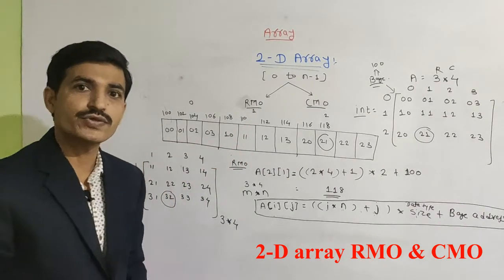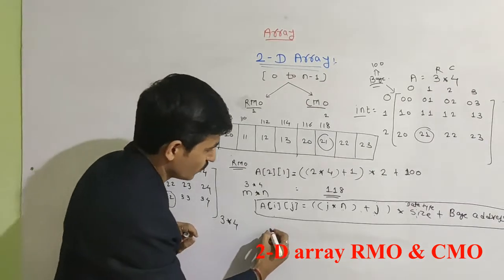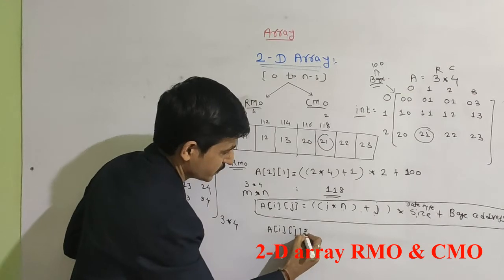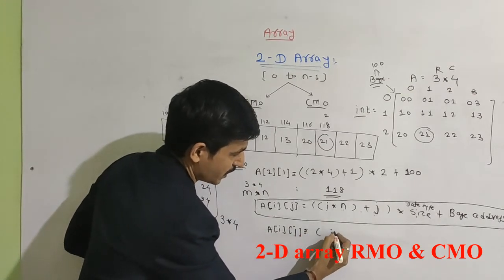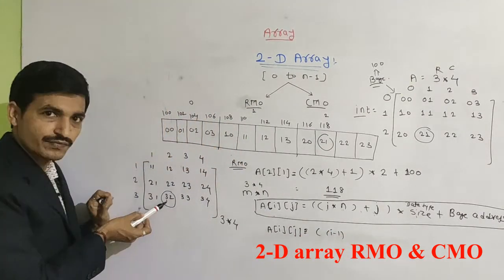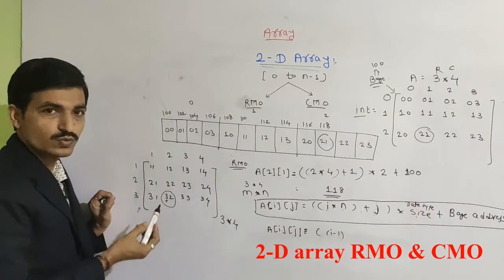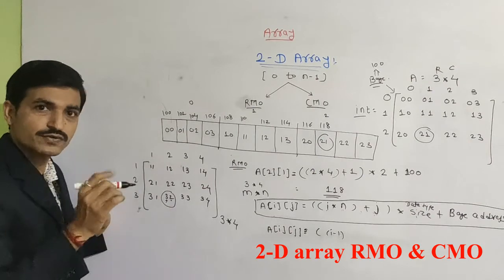So we can write the calculation for 3,2 in terms of i, j. It is nothing but i minus 1. One value has to be subtracted, that is 3 minus 1, you will get 2, and 2 minus 1, you will get 1.